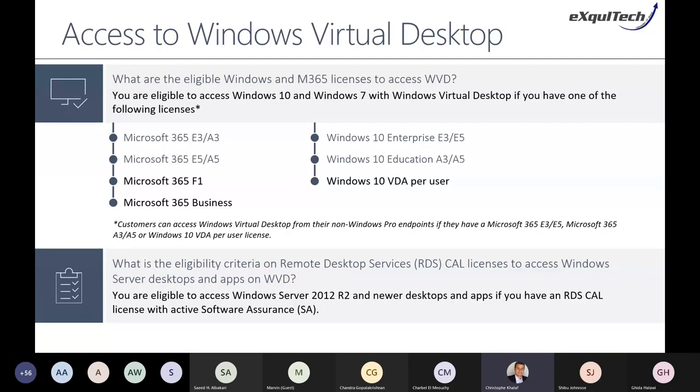Whereas now on WVD, you can host the profile on something called Azure file storage. And those Azure file storages are very secure and not accessible, and you cannot execute anything on them. So those profiles will be hosted on the storage, and then the virtual machines and the WVD session will read from those storages.